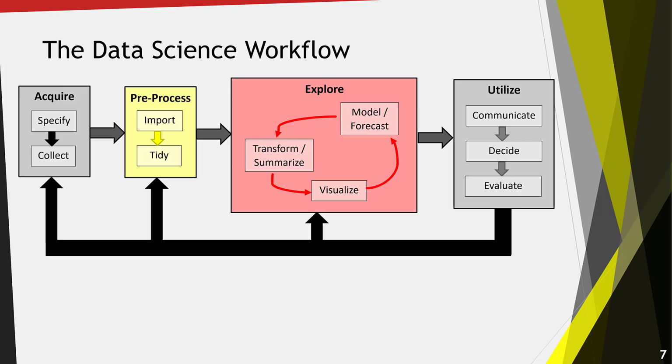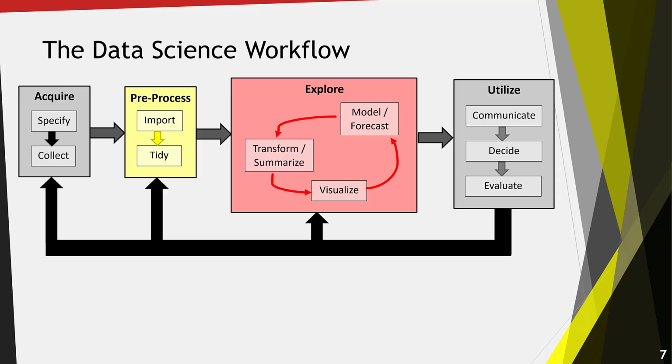As you can see, the data science workflow starts at the very left where you acquire data. After acquiring that data, you need to pre-process it, which means converting that data into a format that is usable by data processing software. After that, there's an exploration step where you might transform, summarize, visualize, or model your data.